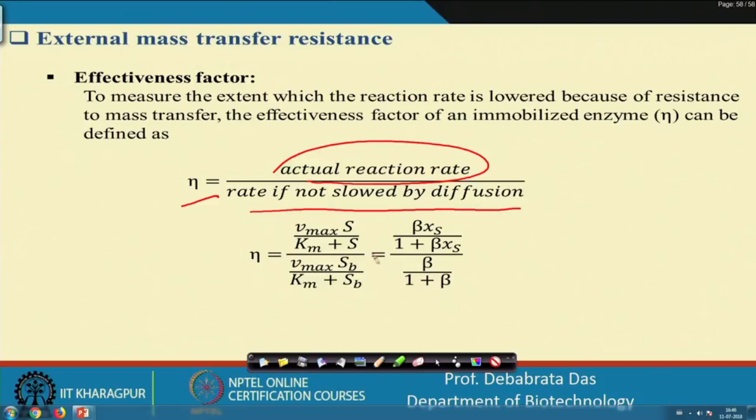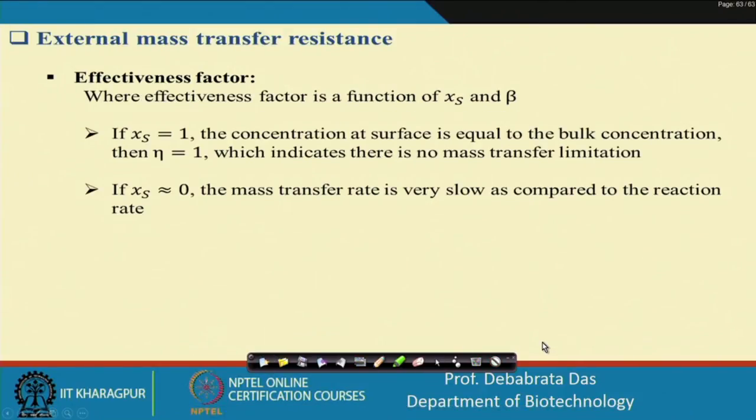Now if we do a similar analysis, we can come across this equation. The important thing is that if you put x equal to 1, what will happen? Eta will be 1. Am I right? Then if eta is 1, there is no mass transfer limitation problem. This I have shown in the subsequent slide, where you see that x is equal to 1.